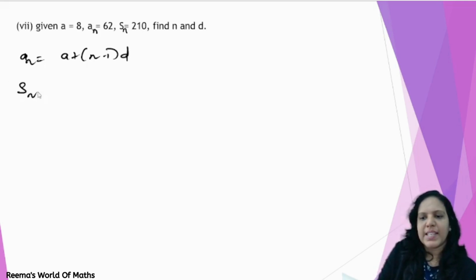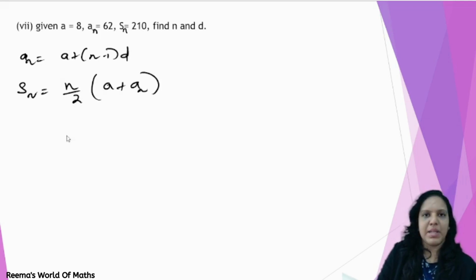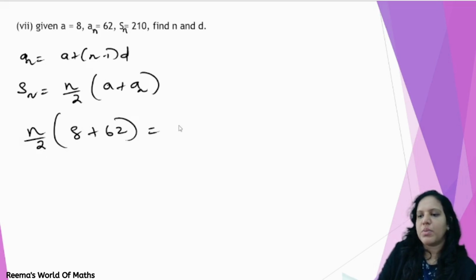If we know the last term, Sn can be n by 2 multiplied by a plus an, or a plus l, the last term. So that is n by 2 multiplied by 8 plus 62, which is 70, equals 210.